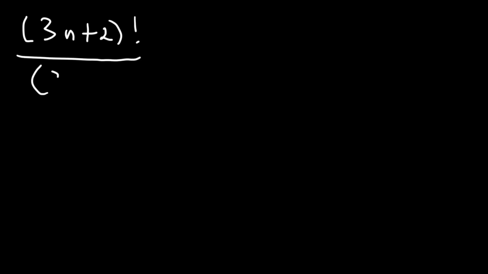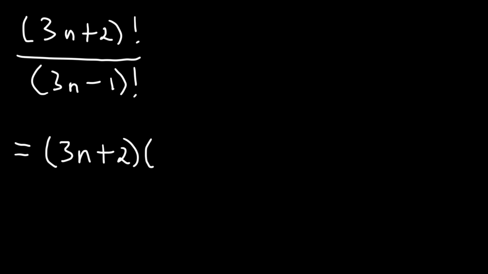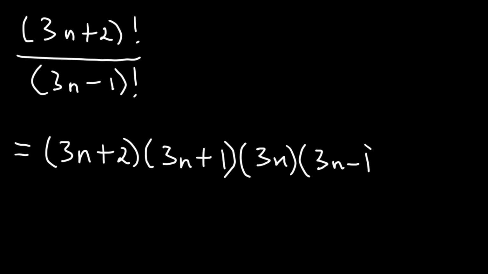You try out this. Let's say we have 3n plus 2 factorial divided by 3n minus 1 factorial. 3n plus 2 factorial will be 3n plus 2 times, if we subtract 1 from 3n plus 2, we shall get 3n plus 1, and then times, if we subtract 1 from 3n plus 1, we shall remain with 3n, and then if we subtract 1 from 3n, we shall remain with 3n minus 1.